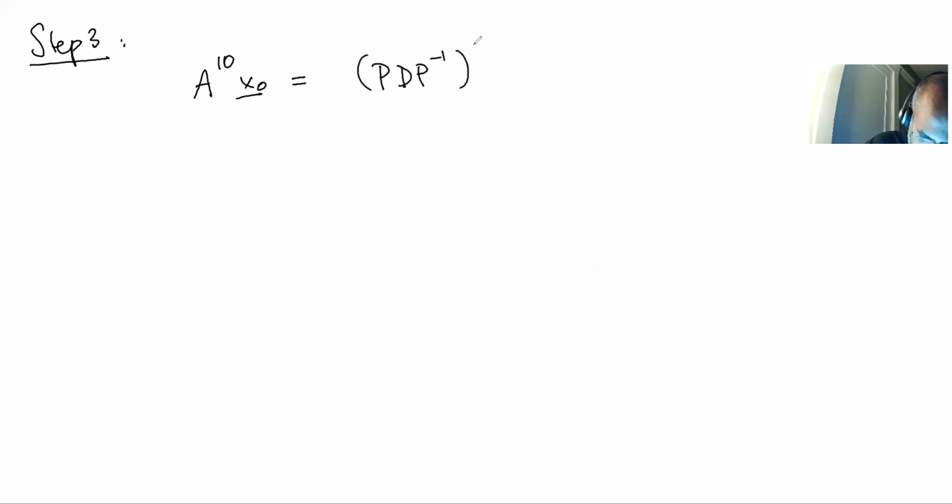So step 3: you have A to the 10 x naught equals (P D P inverse) to the 10 times x naught. So that's P D P inverse, P D P inverse, P D P inverse.